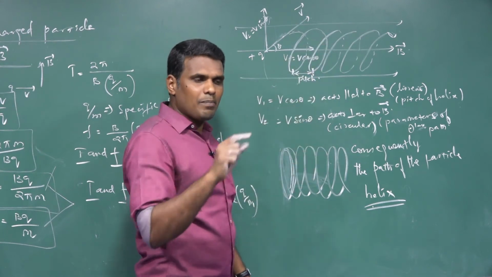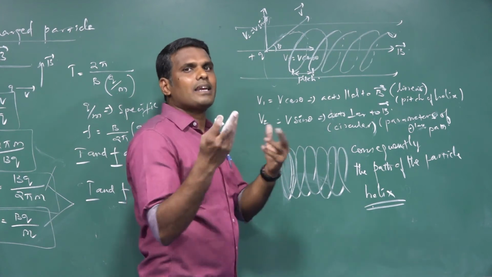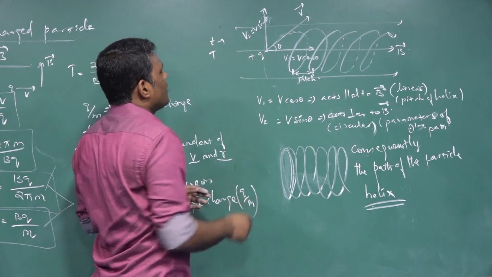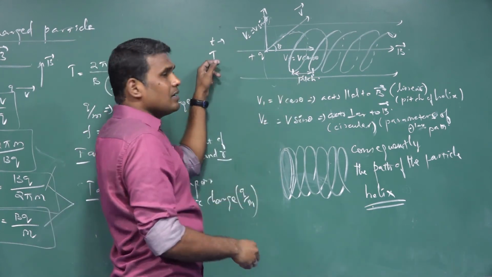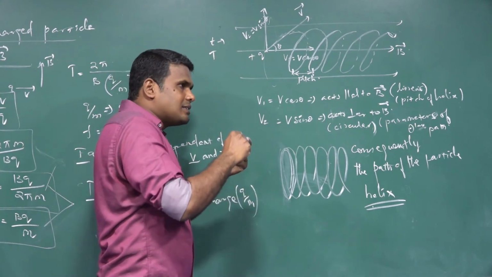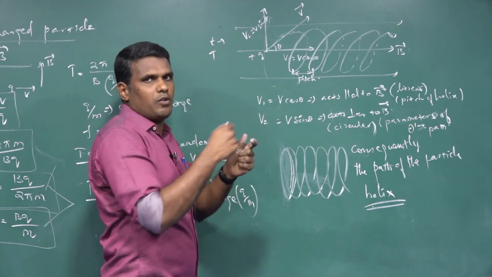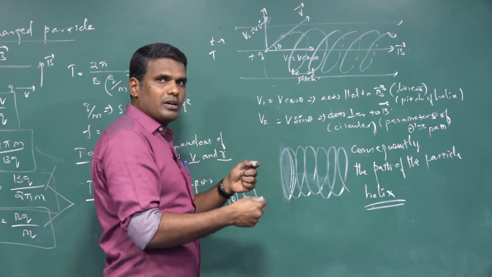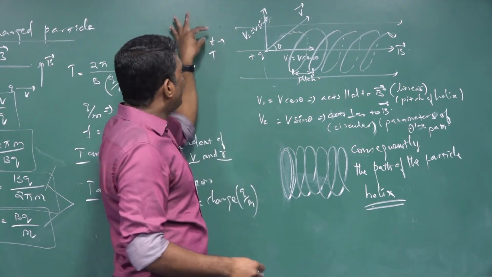What is capital T? You have to mark the difference between small t and capital T. Small t refers to a time duration. Capital T refers to time period. Time period is the time taken for one complete revolution, one complete rotation. That is specified by capital T. What is small t then?